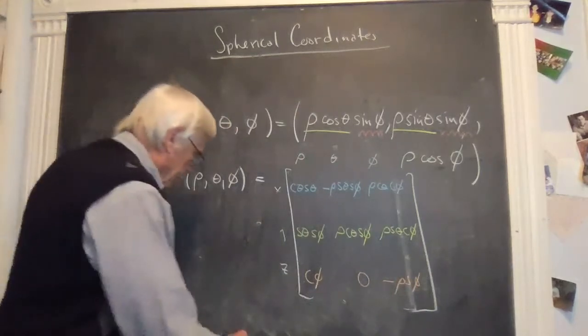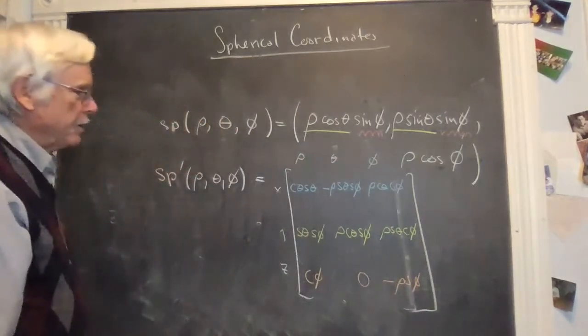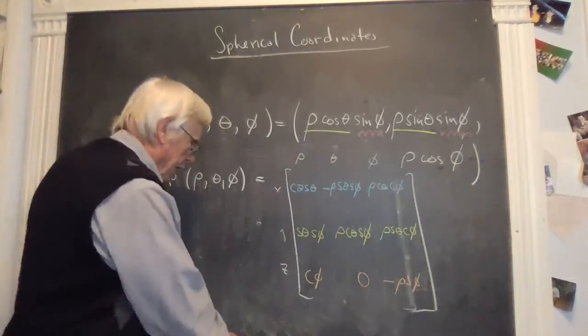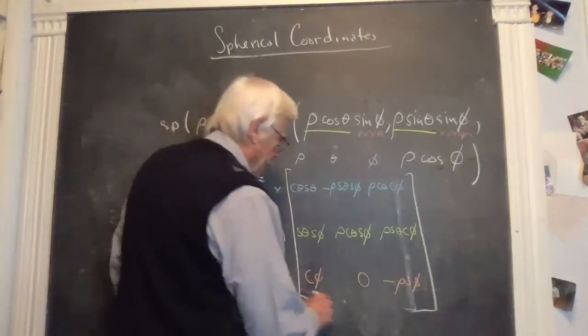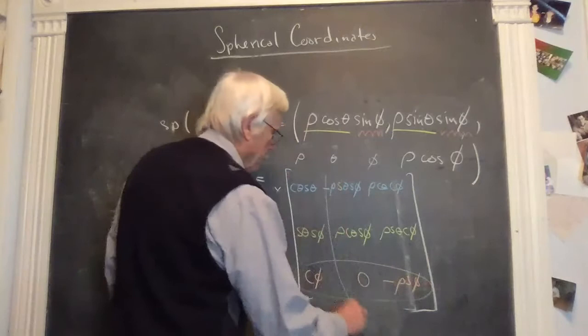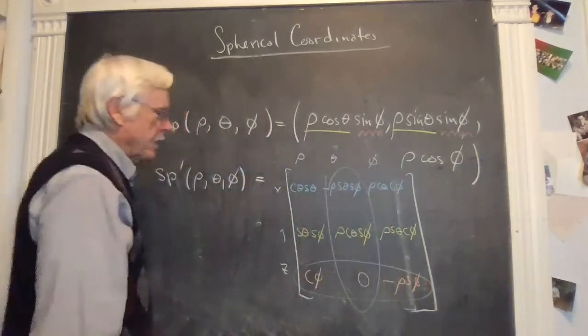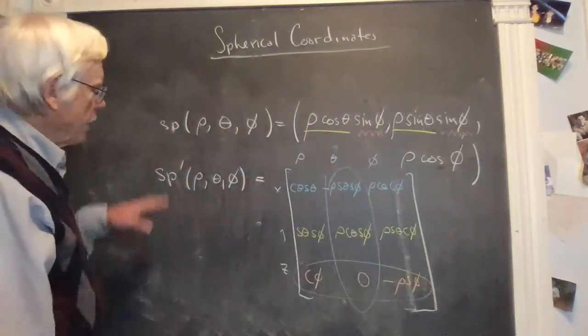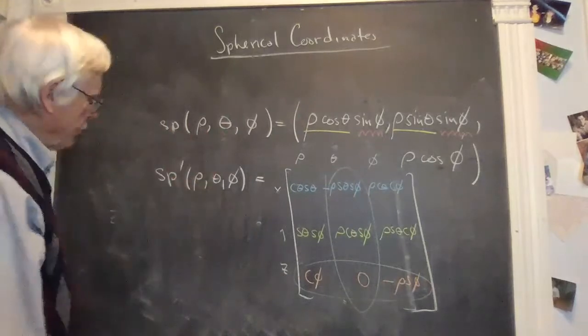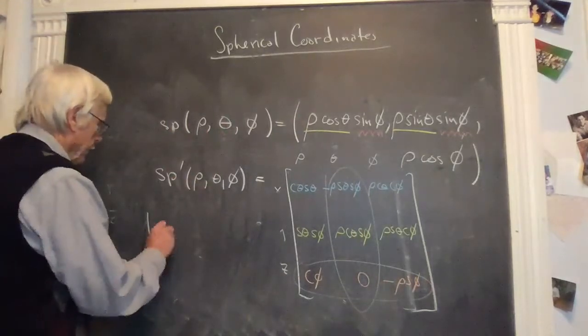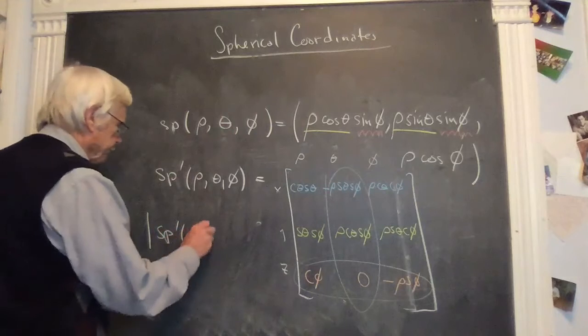So if we were finding this determinant by hand, I would expand by, say, the last row perhaps, or the middle column, because they've got a 0 in it. The expansion contraction factor then is the determinant of this derivative.